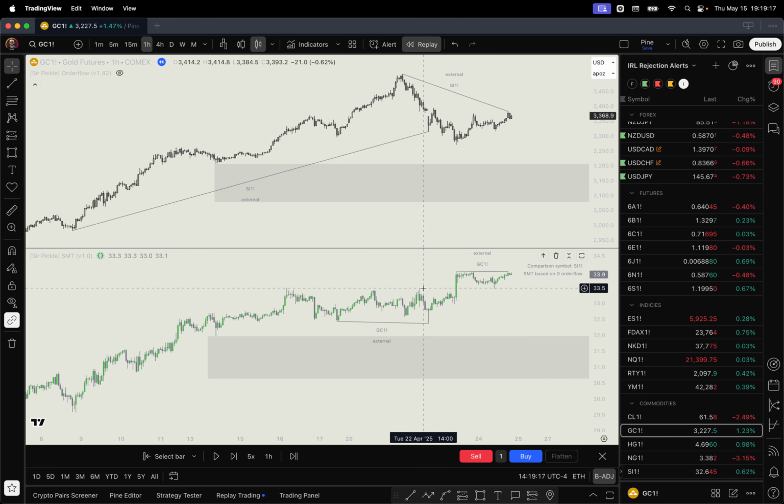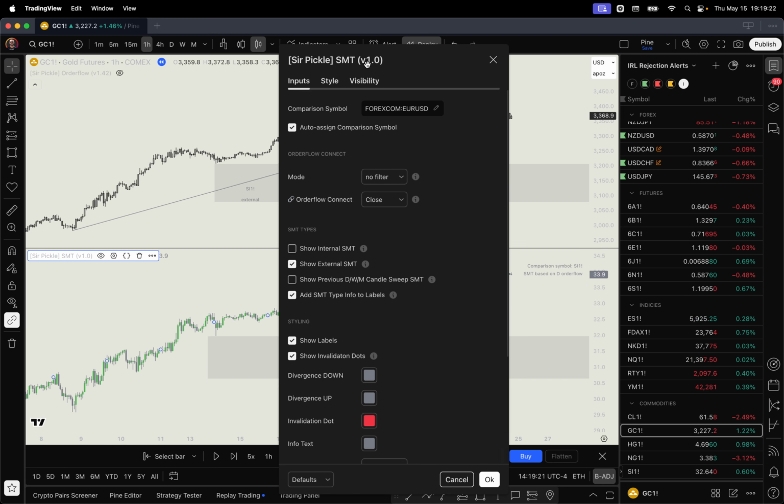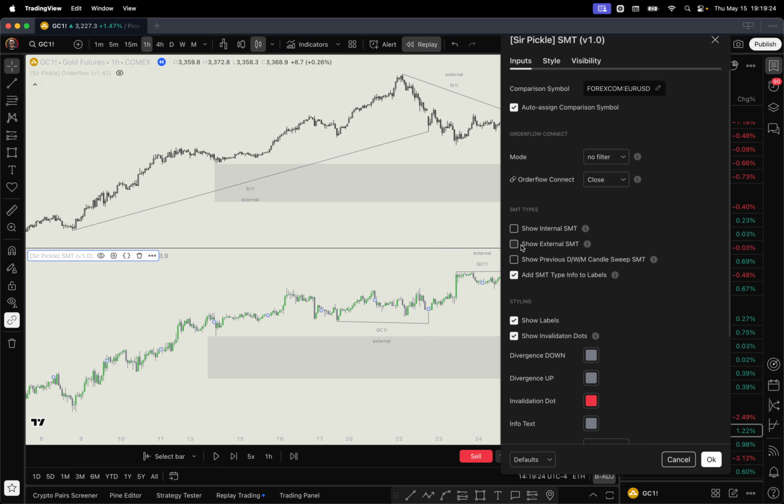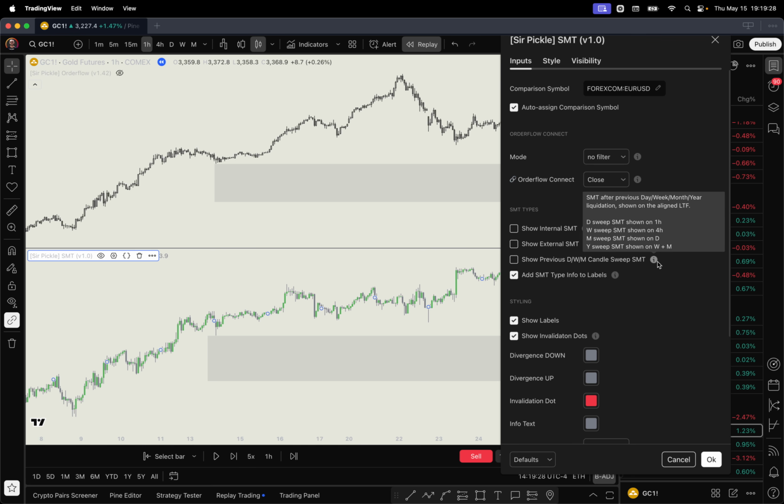And that is that. Then we have another SMT type, which is previous daily, weekly, or monthly candle sweep SMT. By the way, in the tooltip, you can see here, it also works for yearly SMT even. So if the yearly candle is swept and you are on a chart that shows that. So you see the alignments here.